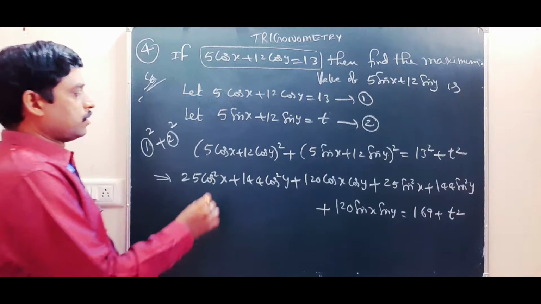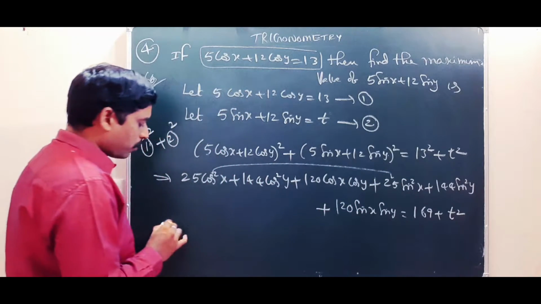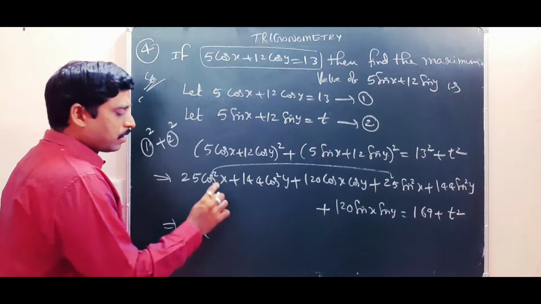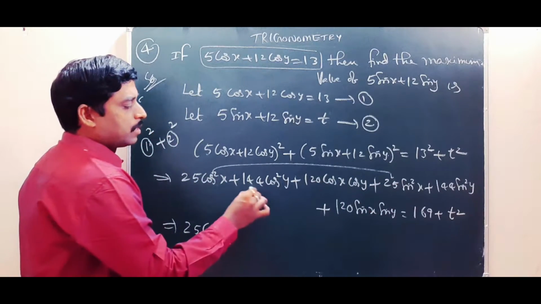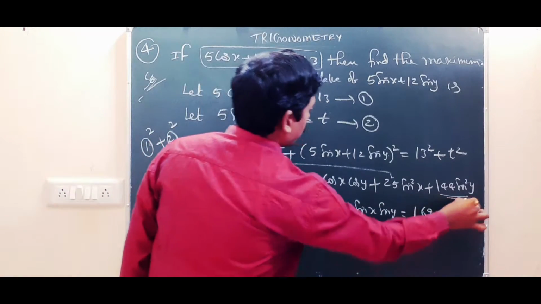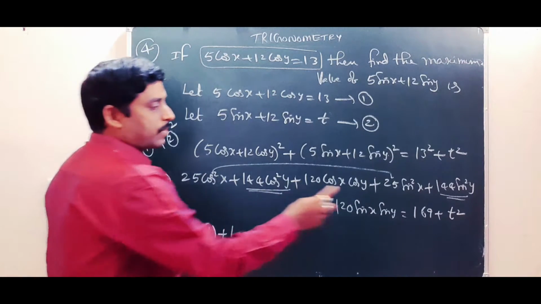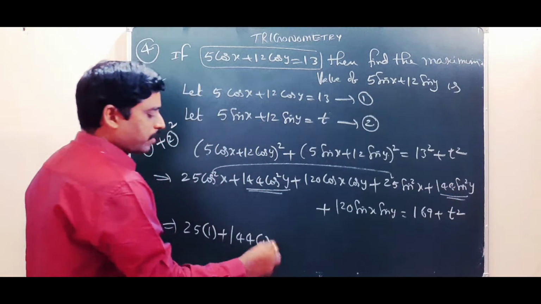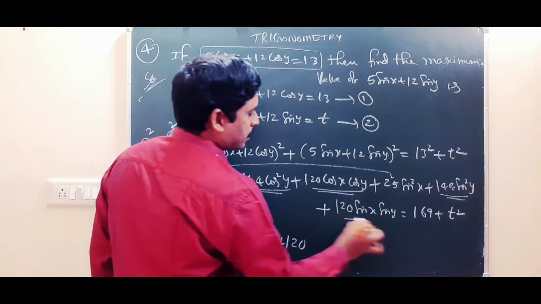So 25 cos square x plus 25 sin square x, take 25 out common, cos square x plus sin square x value 1, plus 144 cos square y plus 144 sin square y, take 144 out common, cos square y plus sin square y gives 1, plus 120 taken out common in the remaining terms.